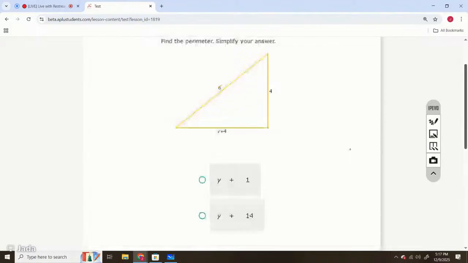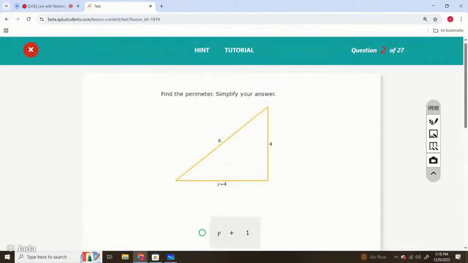Okay, find the perimeter. For the perimeter, we need to add all the side lengths. So which is the correct option?